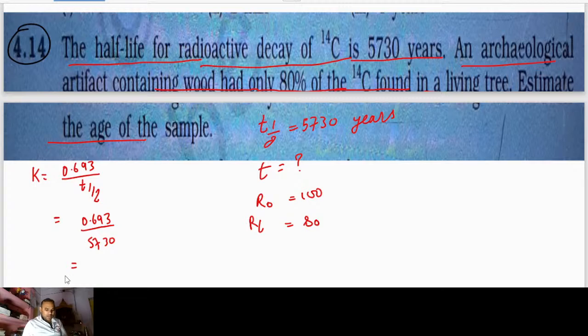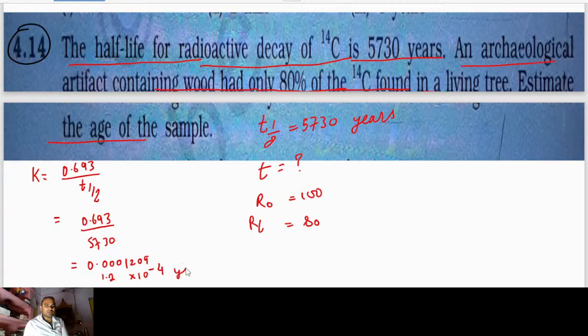0.693 upon 5730. So how much is it coming, student? 0.0001209. It means 1.2 into 10 power minus 4.